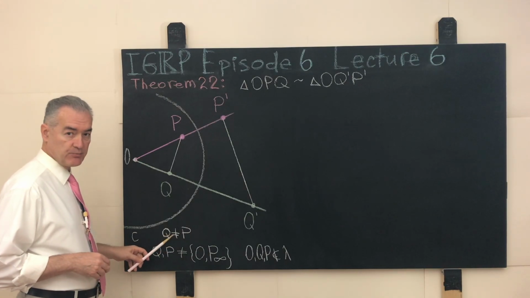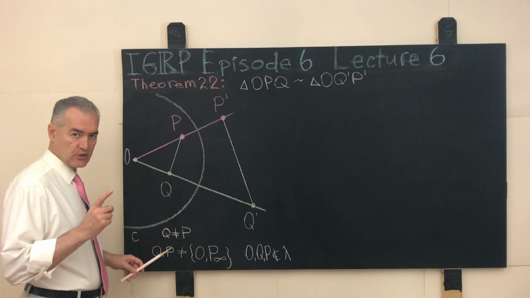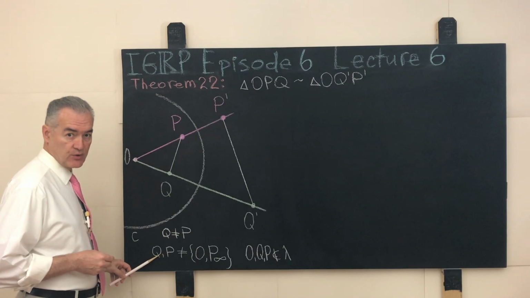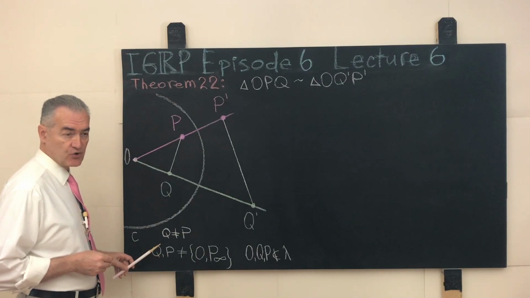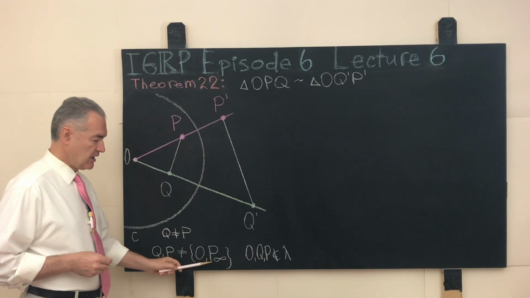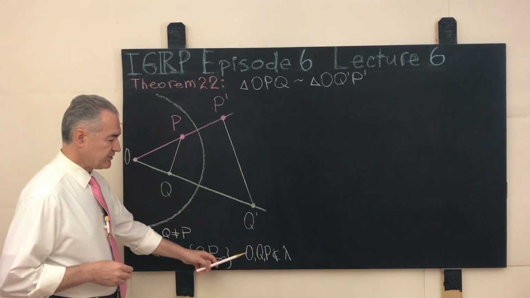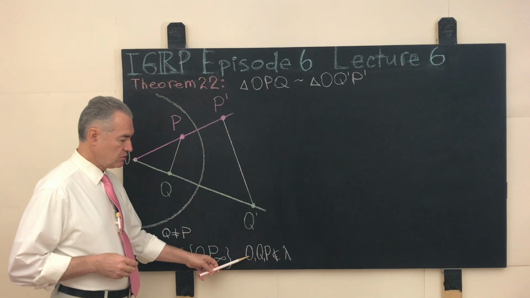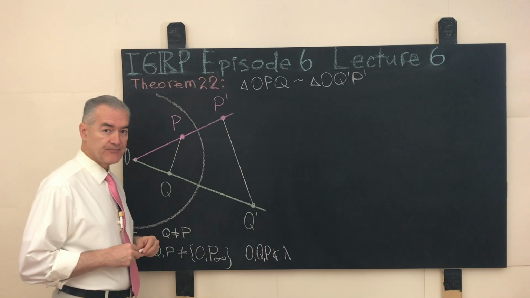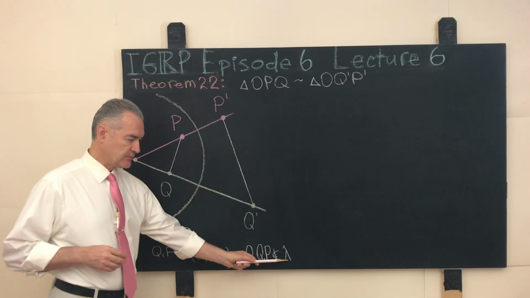That means that the point P is not the point Q and the point Q is not the point P. Number two, neither the point P nor the point Q is the center of inversion, the point O in this case, or the point at infinity. And constraint number three, the center of inversion, the point O, and the points P and Q are not collinear. They do not belong to one and the same straight line, for example, lambda.